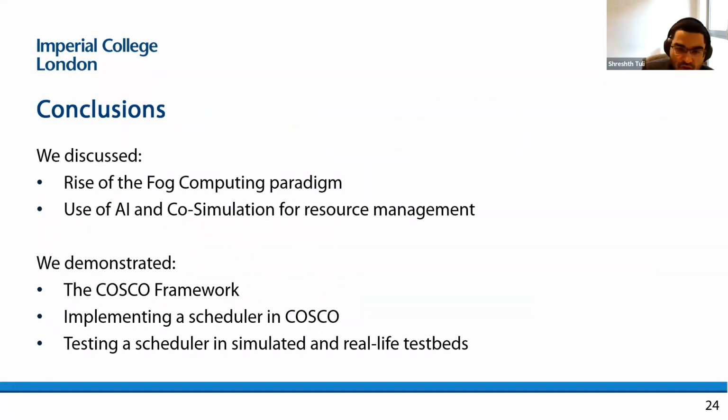Okay, so the overall goal of the tutorial was to illustrate performance engineering challenges faced by researchers when integrating AI and co-simulation based methods for optimizing the quality of service of fog systems.